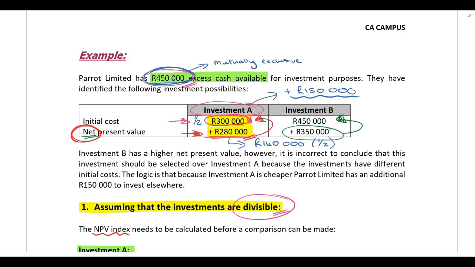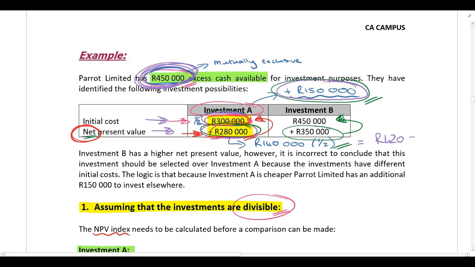So if I invest 150,000 instead of 300,000, I'm investing half of that amount, then the net present value will also be half. Meaning, if I invest an additional 150,000 Rand, my investment cost is going to increase from 300,000 to 450,000, and my net present value is going to increase from 280,000 to 420,000 because I'm going to have an additional 140,000 Rand.